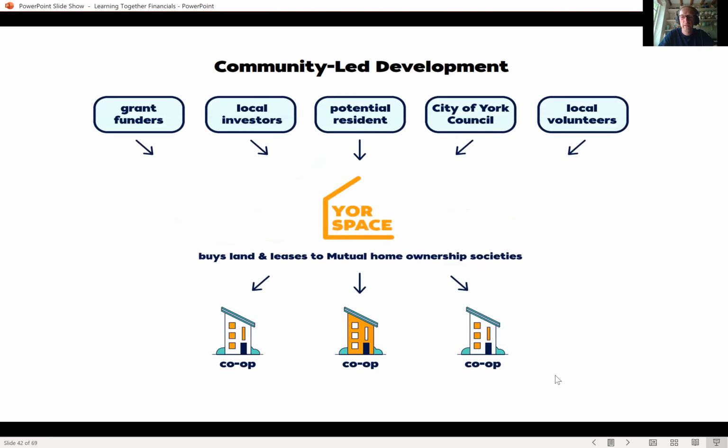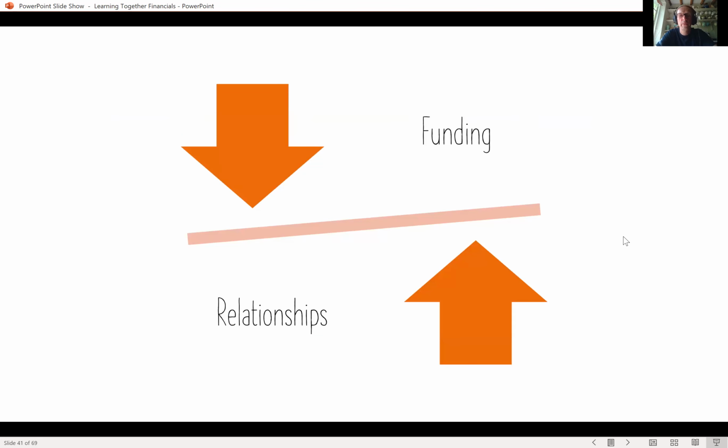So just to point, oh, I beg your pardon, I've skipped a couple of slides there. Just to point out, funding is not just about getting the money in, it's about managing long-term relationships with funders. And there's a balance with that.